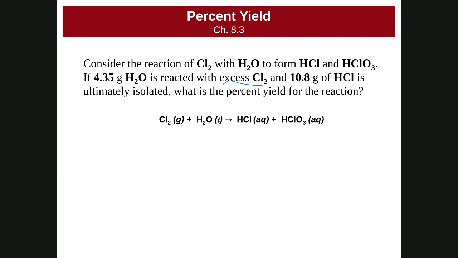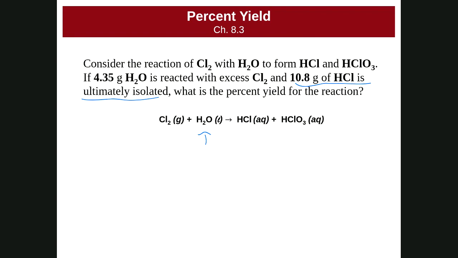Basically, water is our limiting reactant. And we are able to isolate 10.8 grams of hydrochloric acid, which is our experimental yield. They gave you this because you measure it yourself in the lab. All right, so what's our percent yield?